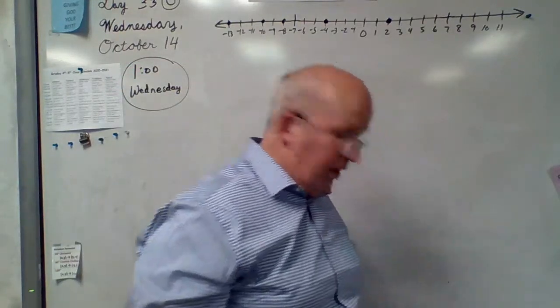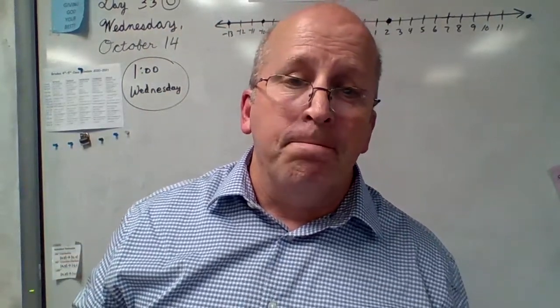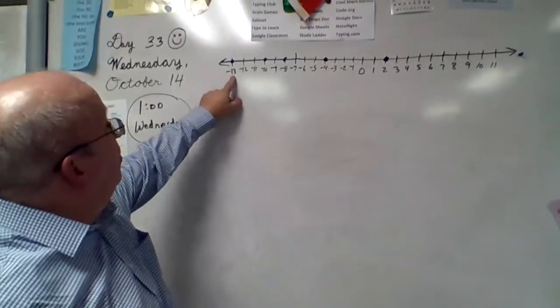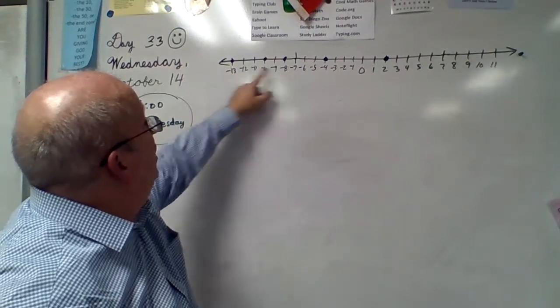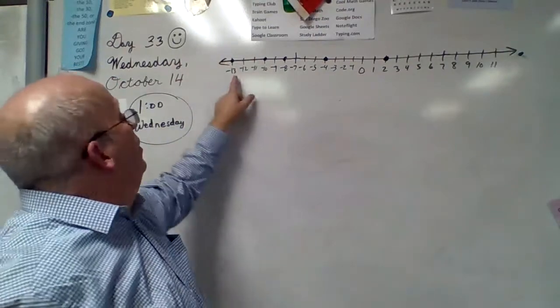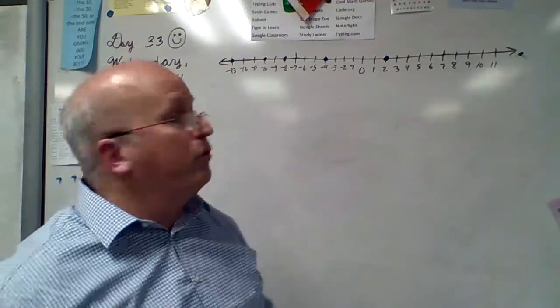Number 11, all they're asking you to do is put the numbers in order from smallest to largest. Remember, when it comes to negative numbers, a number like negative 13, even though it appears to be bigger than negative 8, it's actually smaller than negative 8 because it's further to the left. The numbers that are further to the left are smaller than the numbers that are further to the right.